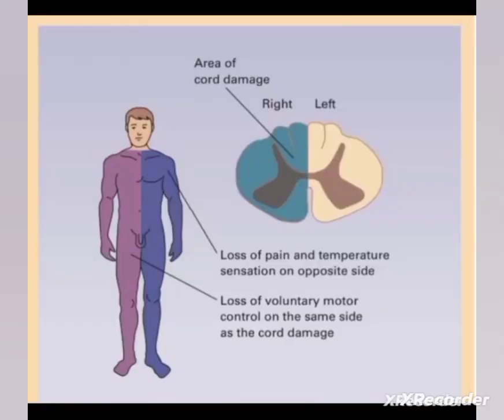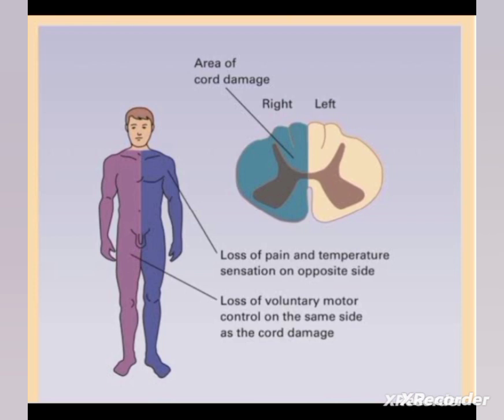Brown-Sequard syndrome is due to damage to one half of the spinal cord. The blue area is the area of damage.